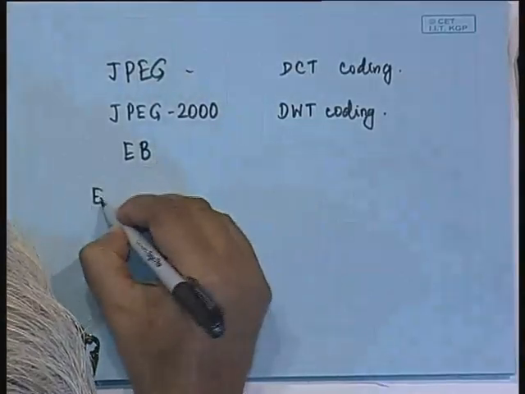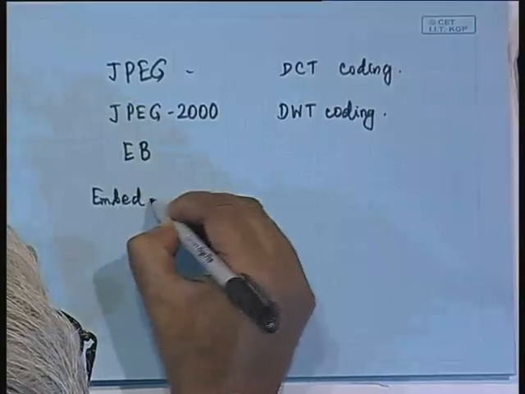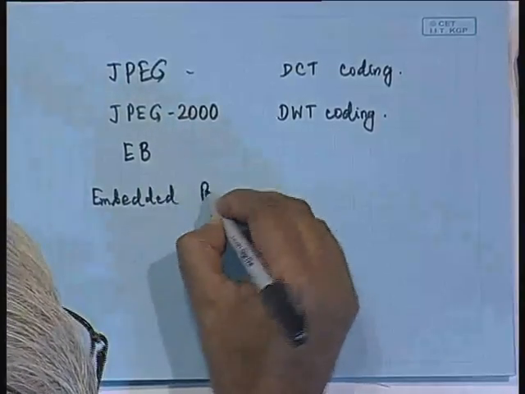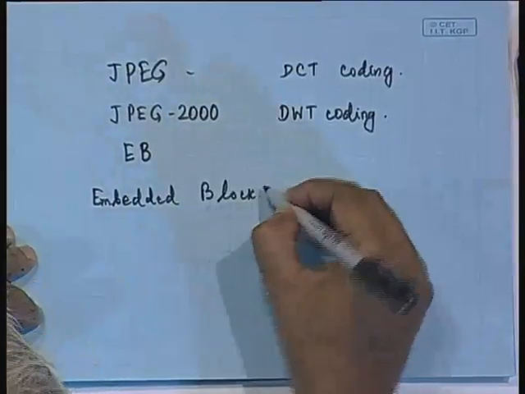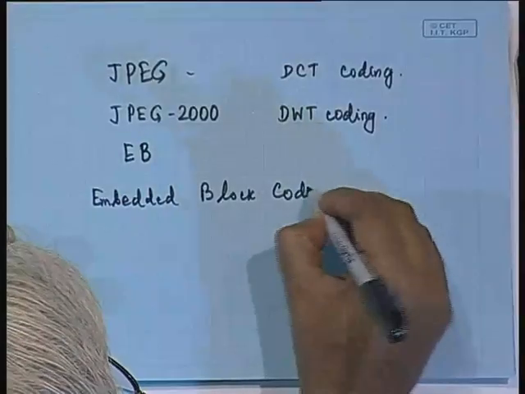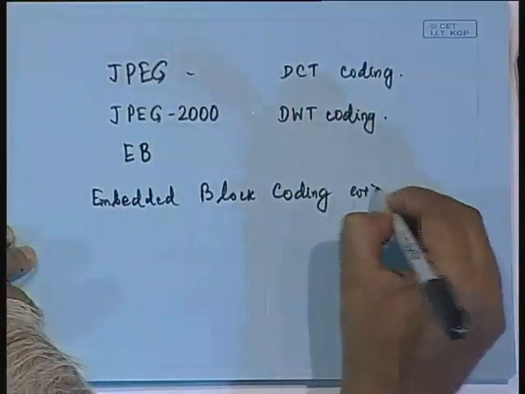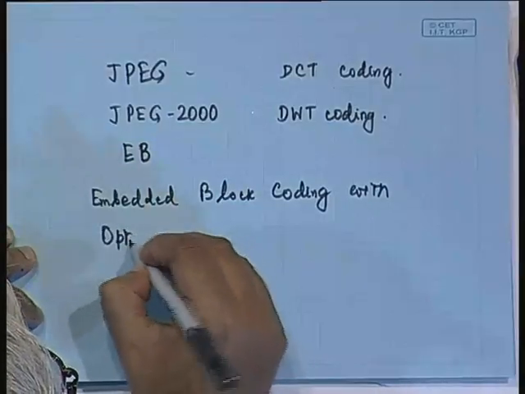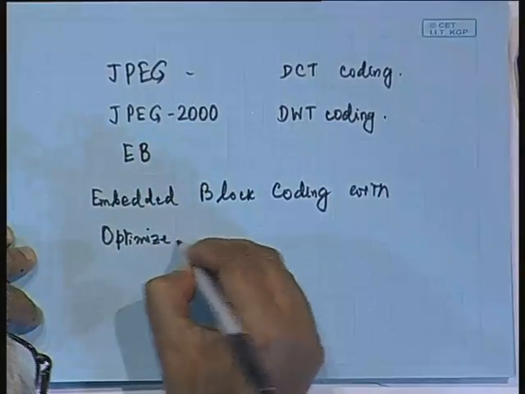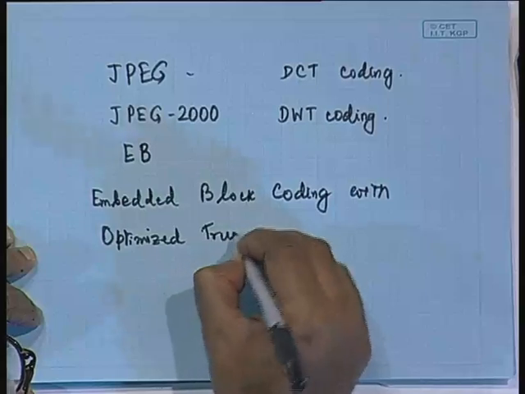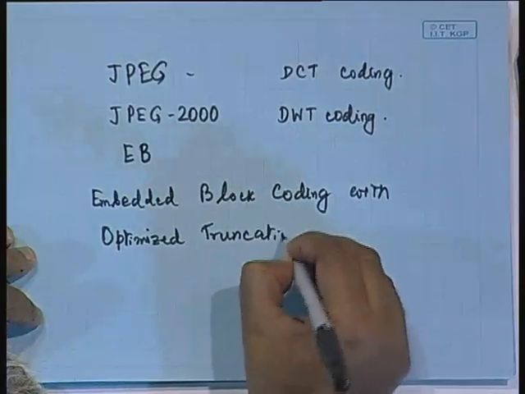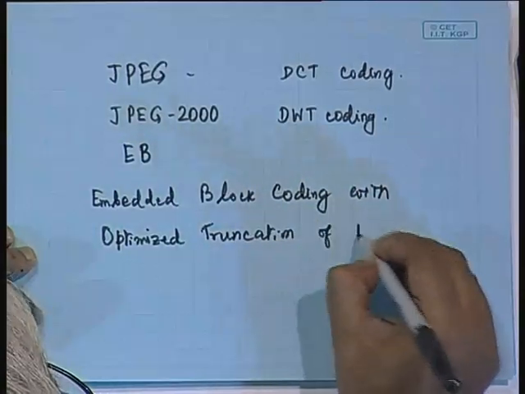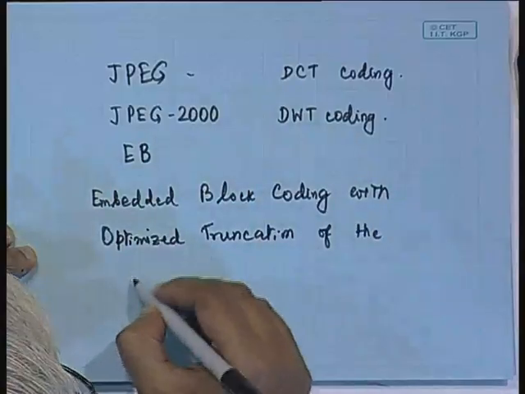Let me write down the words fully. Embedded block coding with optimized truncation of the embedded bit stream.